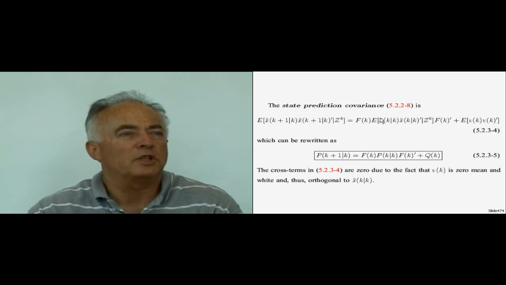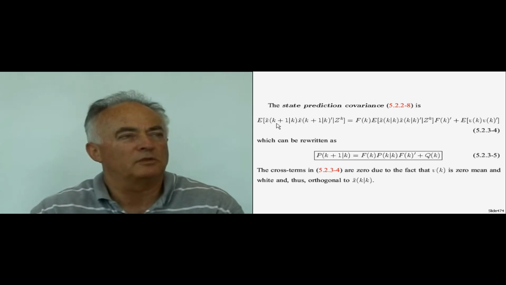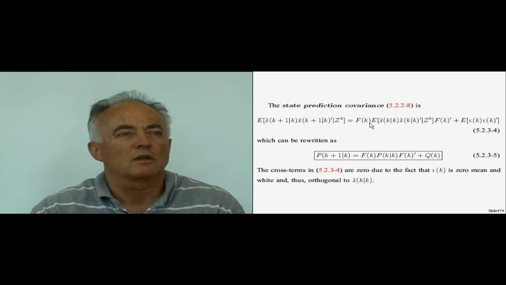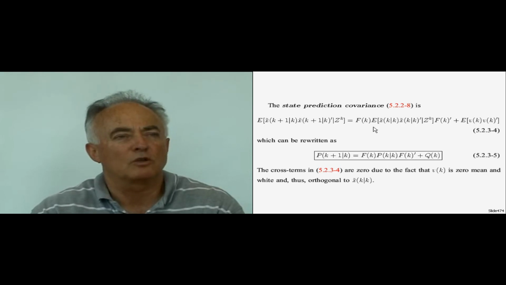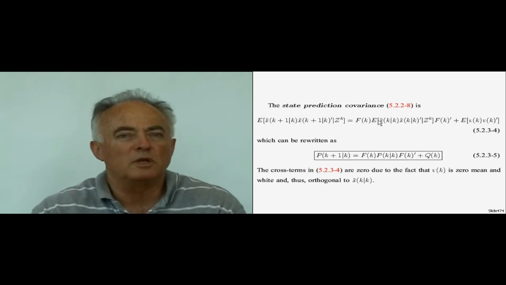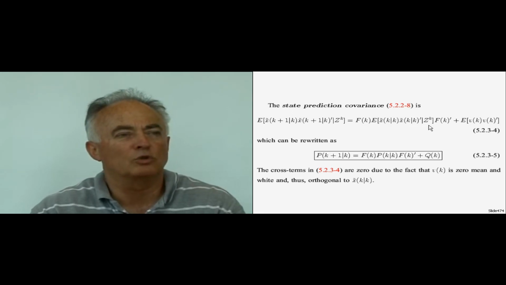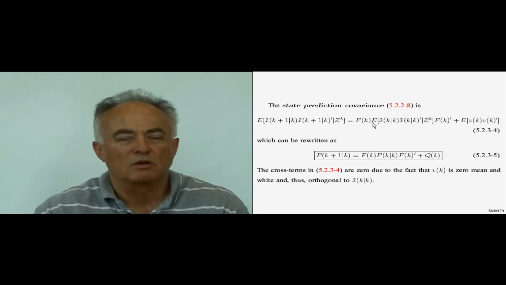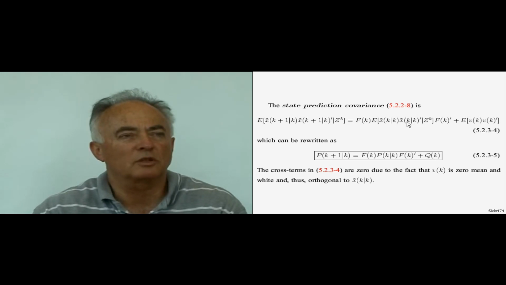Now, the state prediction covariance, based on the previous derivation, there was an fk x tilde kk plus vk, the whole thing multiplied by its own transpose. There are two terms. The result will be not four terms, because two cross terms cancel out due to the expectation. So fk E of x tilde kk x tilde transpose fk transpose. And again, we pass the expectation past any deterministic quantity. And the second is in the reverse order with transposition, because it was transposed here.